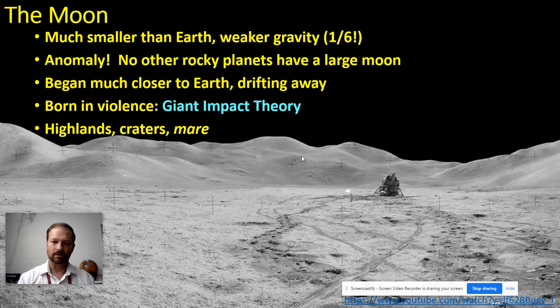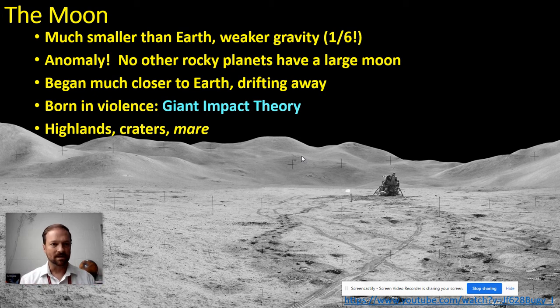Now, our moon, it's an anomaly. Astronomers noticed this and they started hypothesizing. They started making educated guesses as to how our moon formed. Combine that with the rocks that the astronauts brought back from the moon, and we start seeing a clear picture that the moon did not form alongside the Earth originally.